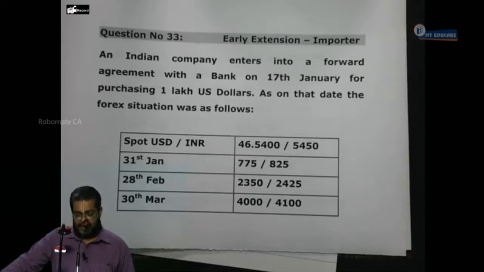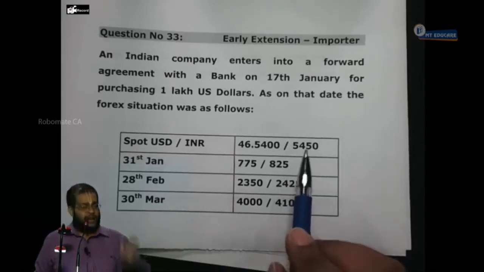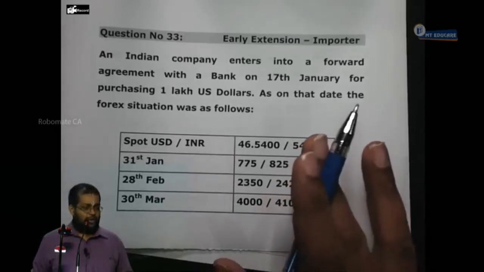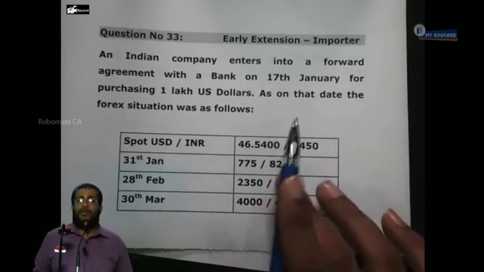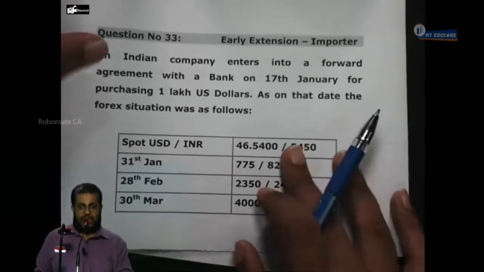As on the date, the forex situation was as follows. The first table, do I want it or not? Do not want, because I don't want to know the rate for the original transaction. Only the rate incremental to the transaction should be understood.